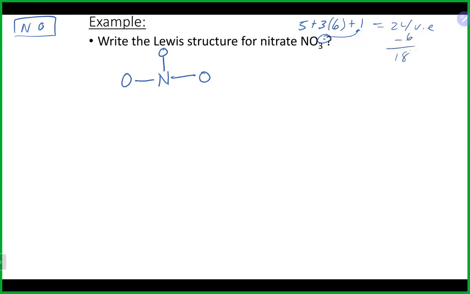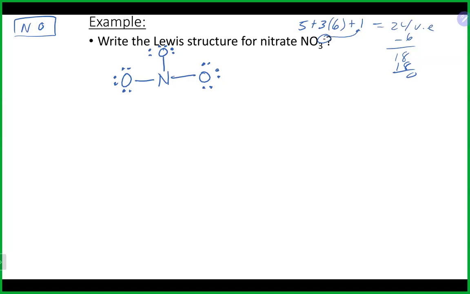A lot of math, we'll go 18. So we have 18 electrons to go. Again, we're going to work outside in with dots, pairs of electrons. So 2, 4, 6, 8, 10, 12, 14, 16, 18. At this point, I have no more electrons to put up on my picture.